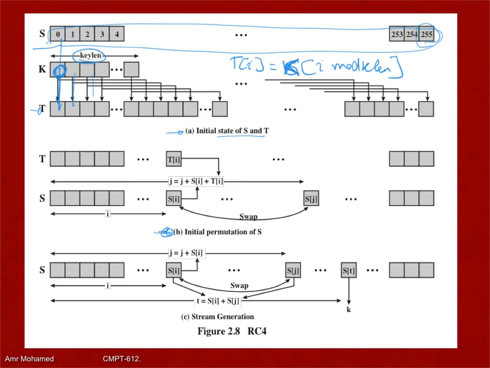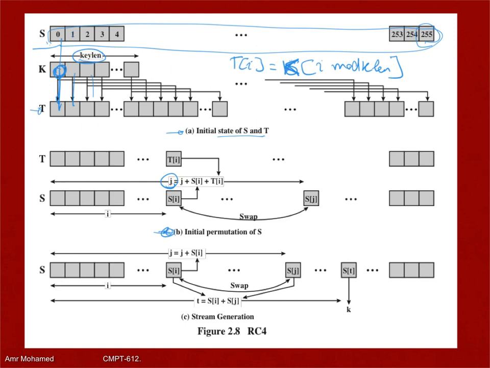In step B, we start using the S value. What we do is that we calculate the index of the value j, and value j here starts with 0, okay? And then each time j changes.